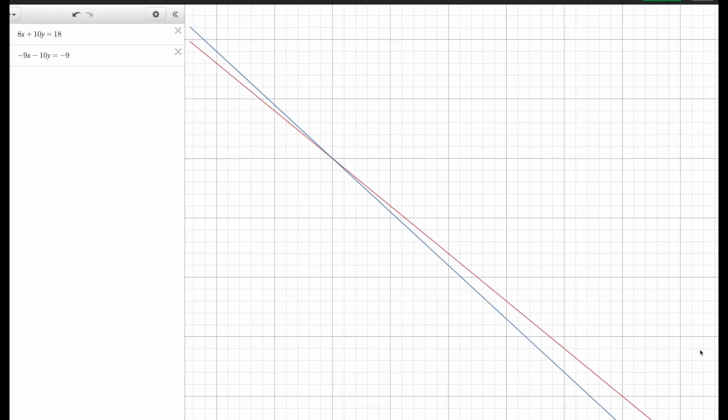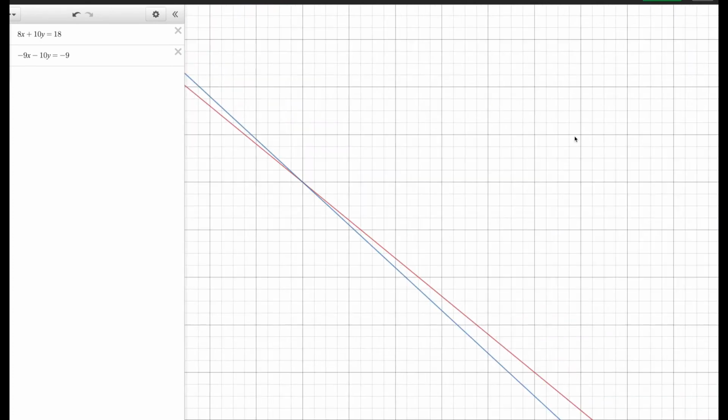What does it mean graphically? When they say find the solution to a system, what does that mean? Yes, the point where they intersect. So here, what does it look like the intersecting point is? -9, 9. And this looks like a bit of a hassle to graph, to be honest with you.